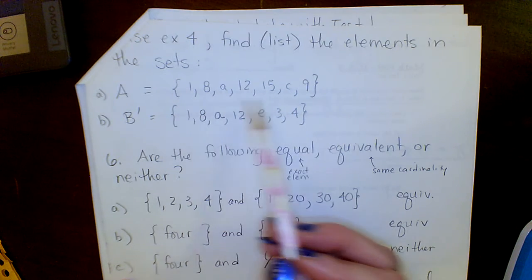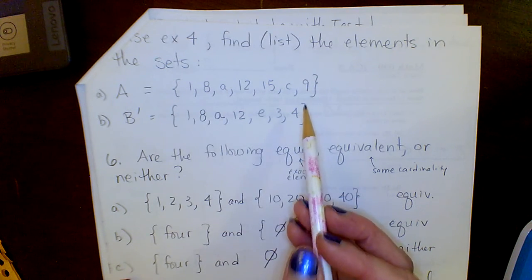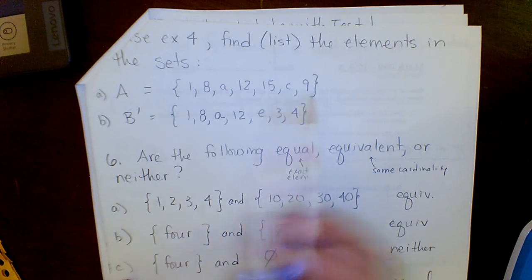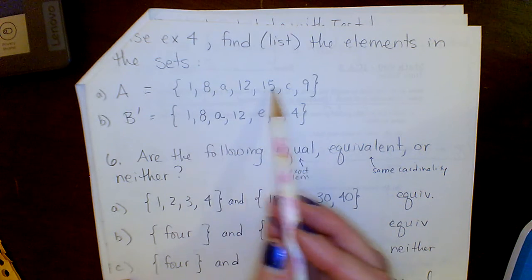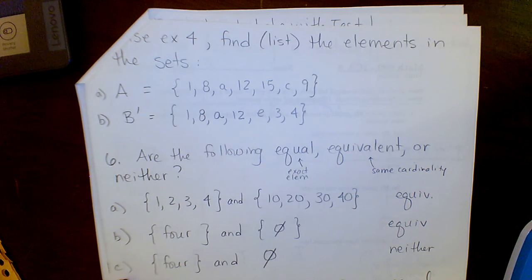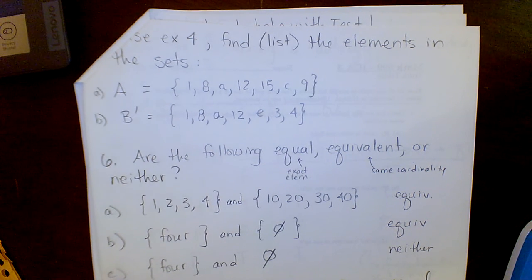Now remember, this is not the same thing as the cardinality. The cardinality just says how many things are in A, which is 1, 2, 3, 4, 5, 6, 7 things. So you want to make sure that you know the difference in those.